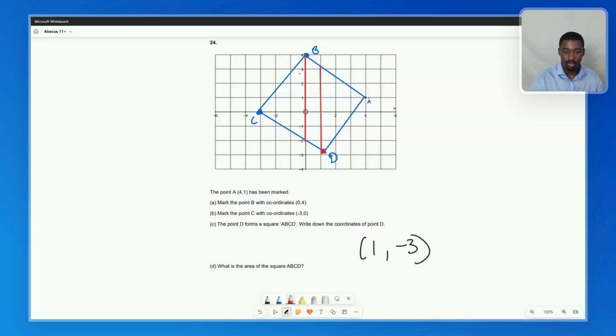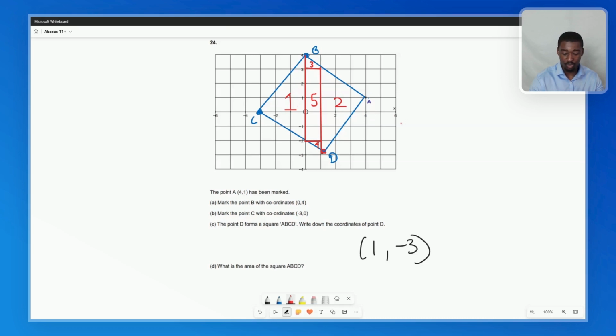So if we do this, we now have some familiar shapes. We have one triangle here, another one here, another one here, another one here, and then a rectangle in the middle. So first, let's tackle triangle 1.